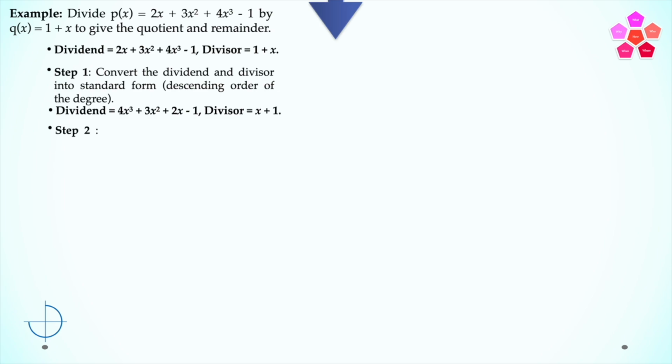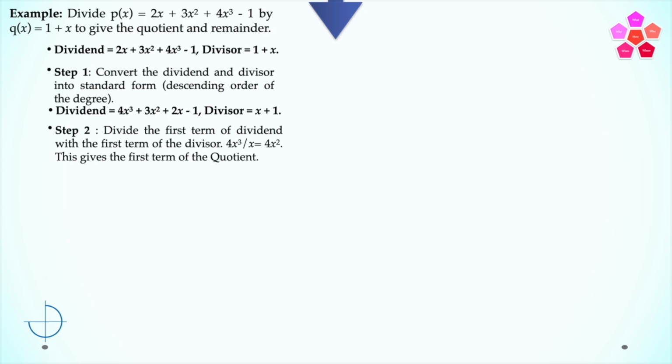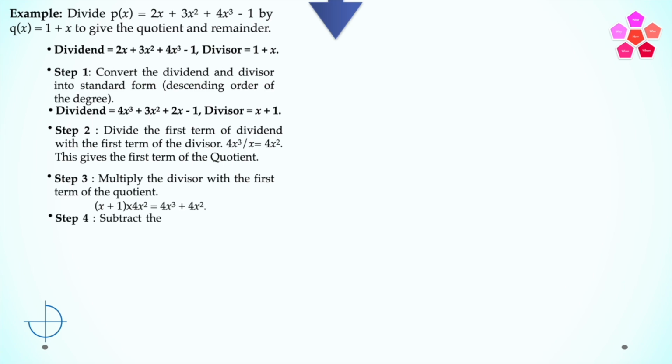Step 2 is divide the first term of the dividend by the first term of the divisor, 4x cubed divided by x, which is equal to 4x squared. This gives us the first term of the quotient. Step 3 is multiply the divisor with the first term of the quotient. We have x plus 1 into 4x squared, which is equal to 4x cubed plus 4x squared. The next step, we subtract the result of step 3 from the dividend.